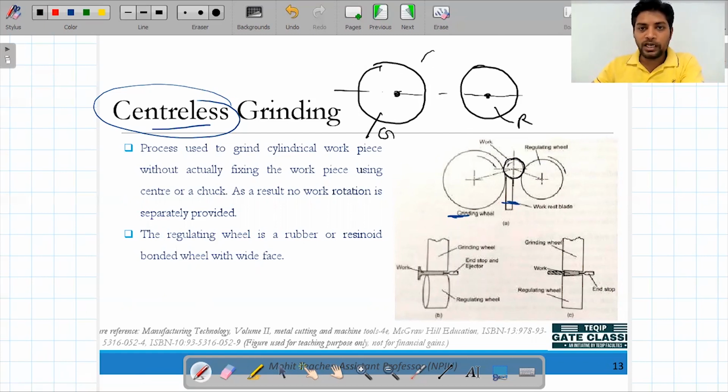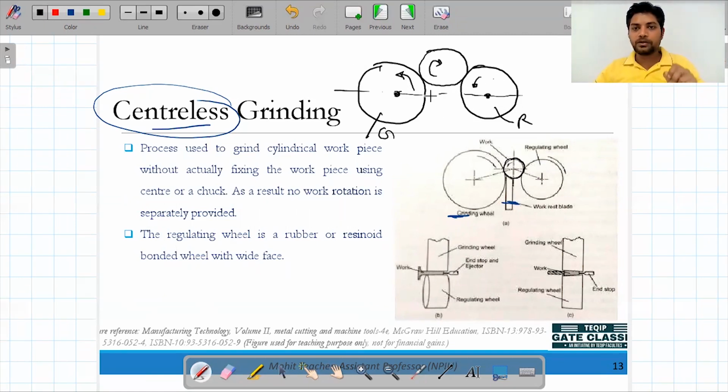Now we are keeping this workpiece over here. So what will happen because of that? If we give rotation speed to the grinding wheel, this will rotate, and then this will also rotate, and this will also rotate.